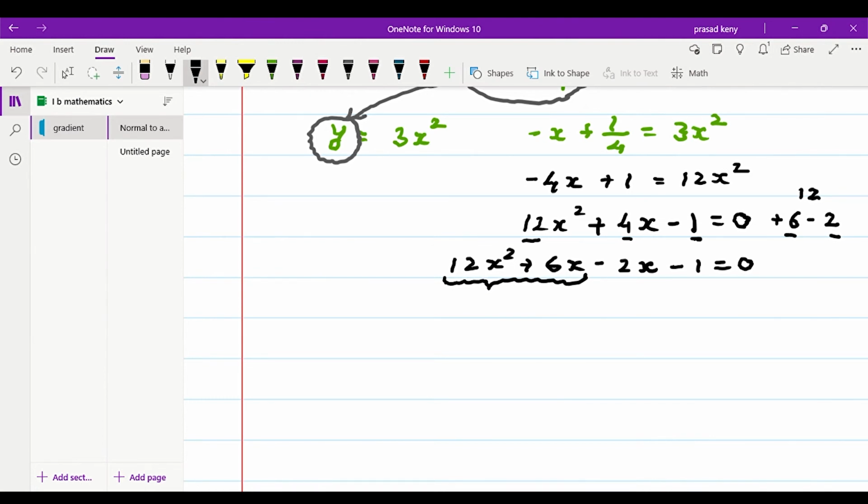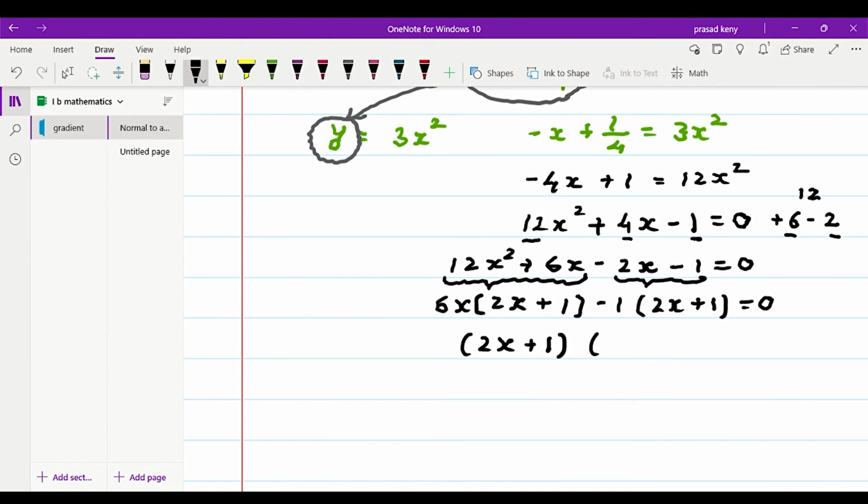From the first two terms, I will take 6x common, which gives me 2x plus 1 here. And I am taking this negative sign out, and from 2x and 1, I can take only 1 common. So I am getting 2x plus 1 here, which gives me the two factors of the quadratic, 2x plus 1 and 6x minus 1.